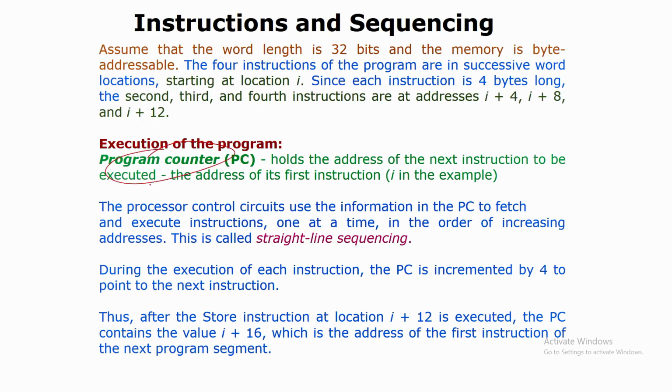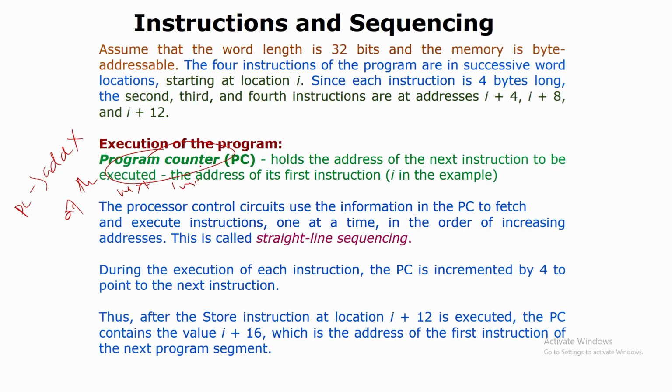The PC stores the address of the next instruction to be followed by the processor. During normal execution, instructions are fetched from memory, and then decoding and execution take place.